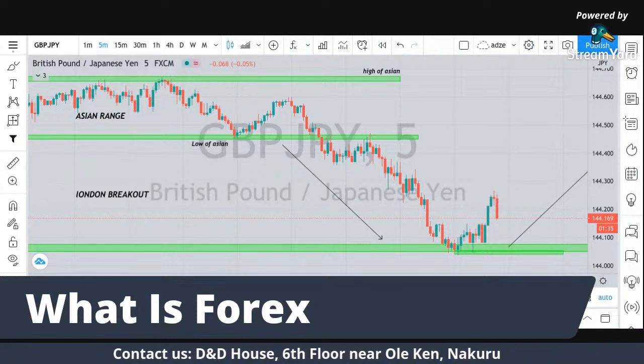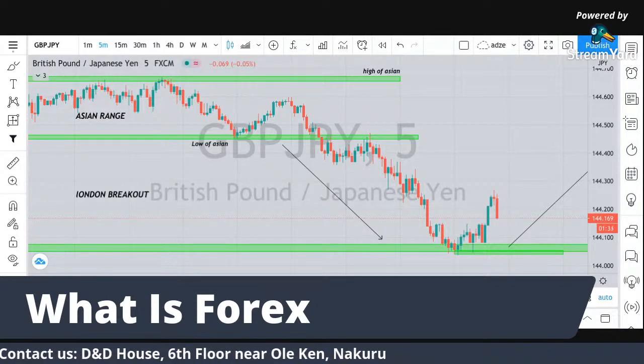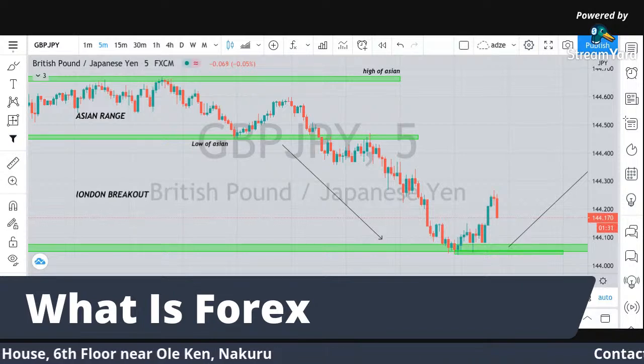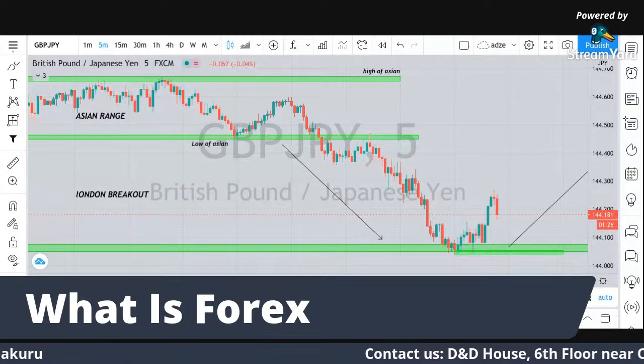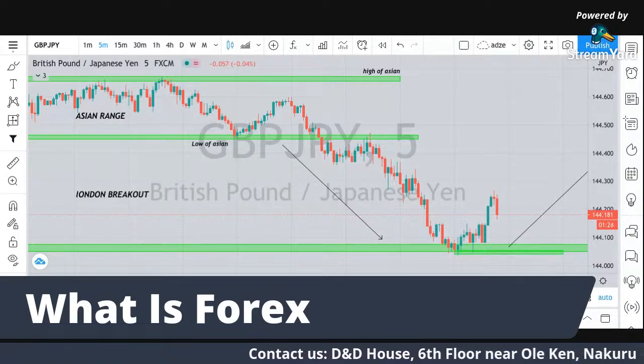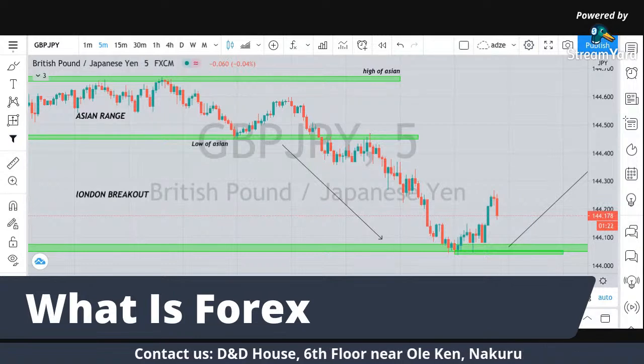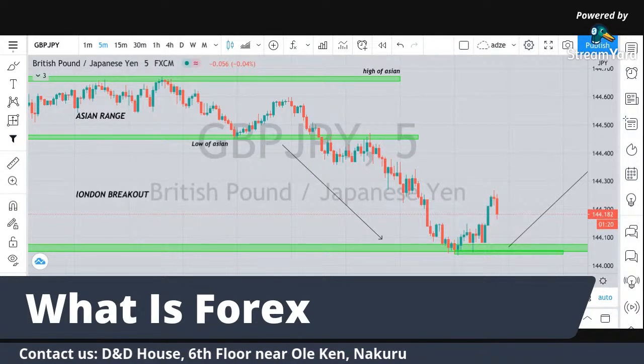So, what is Forex? Forex is basically a short term for foreign exchange. Let's start from there. So, foreign exchange. What is foreign exchange?